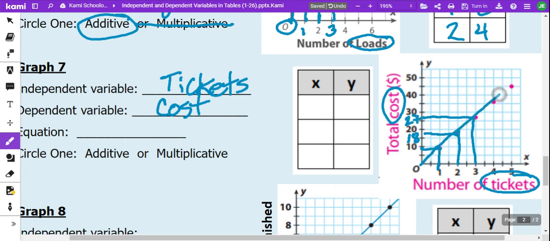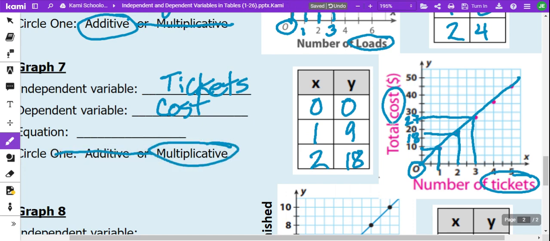And then if we went all the way down, this would be 0, 0. 0, 0 cannot be added to anything, so it's multiplicative, and it looks like it's multiplying by 9. So 9 times whatever the x is, the input, will give you the output of y.